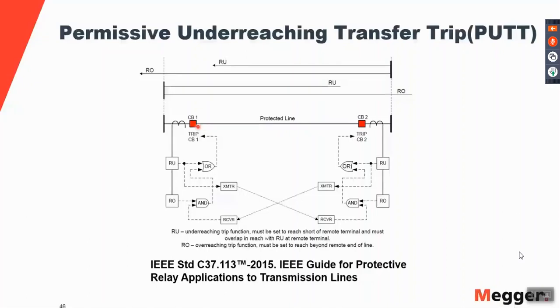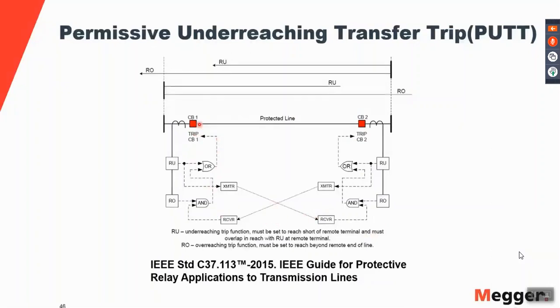If, let's say, we have a fault over here, which is outside the reach of this guy, but it's within this guy's zone 1, this guy is going to trip immediately. Now, this guy here is not going to see it in zone 1, but it is going to see it in zone 2, which means that it will allow the trip if this guy sends the command to trip.